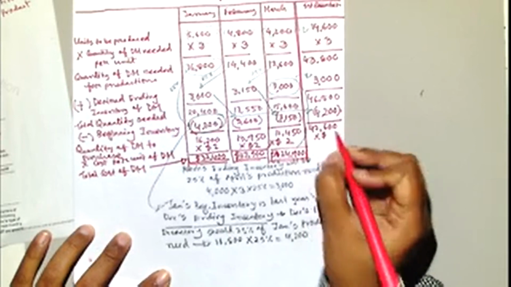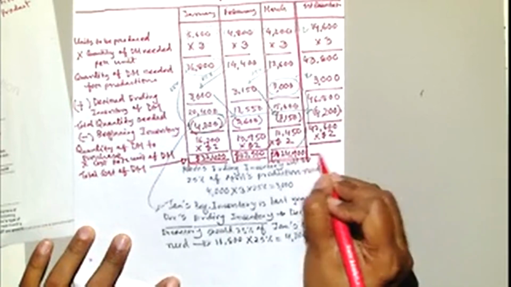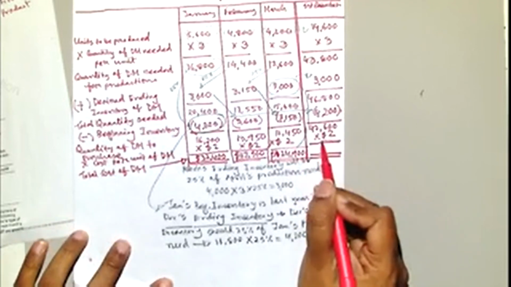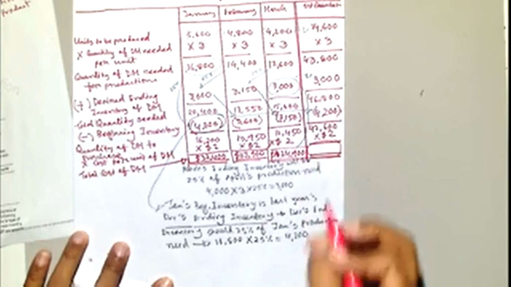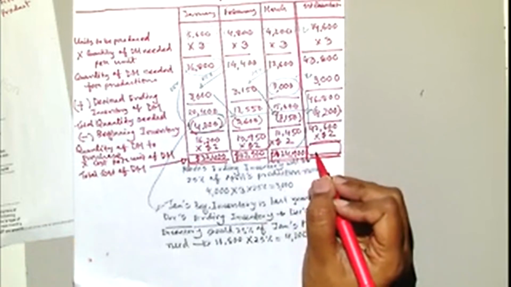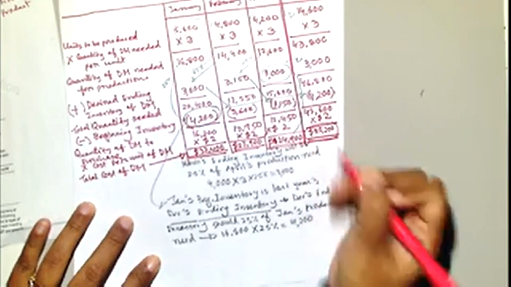To buy each computer chip, you will spend $2, and this is how you get your total cost for the entire quarter's direct material, which is 85,200. Now, can you double check by adding all this?